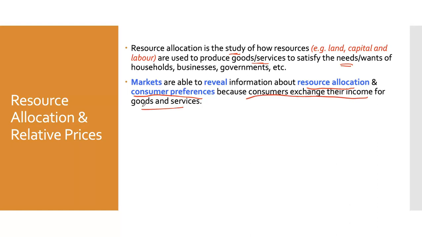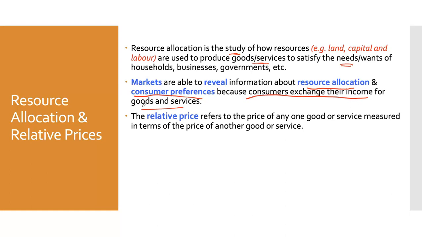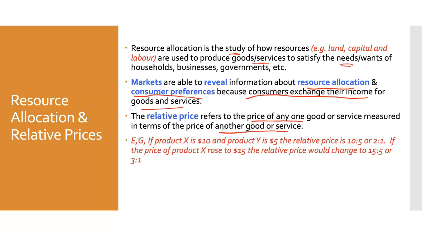What goods and services are they purchasing? Now, relative price is a new concept. It refers to the price of one good measured in terms of the price of another good, because we have options about what we're going to purchase.